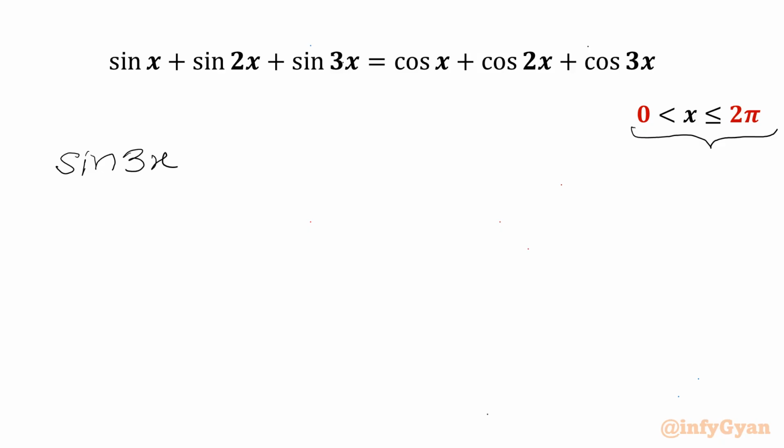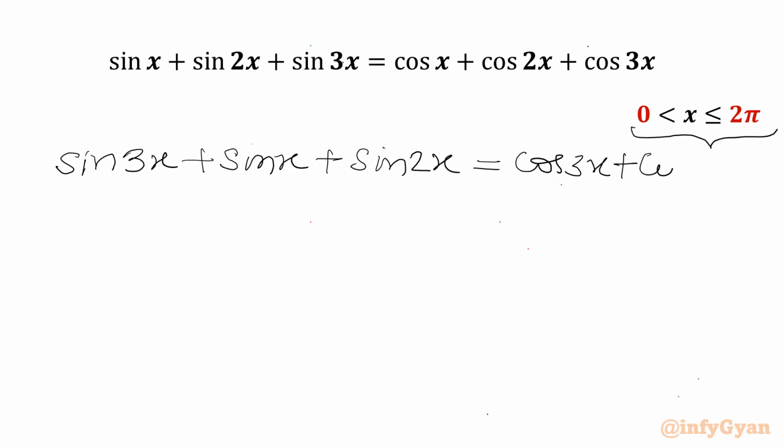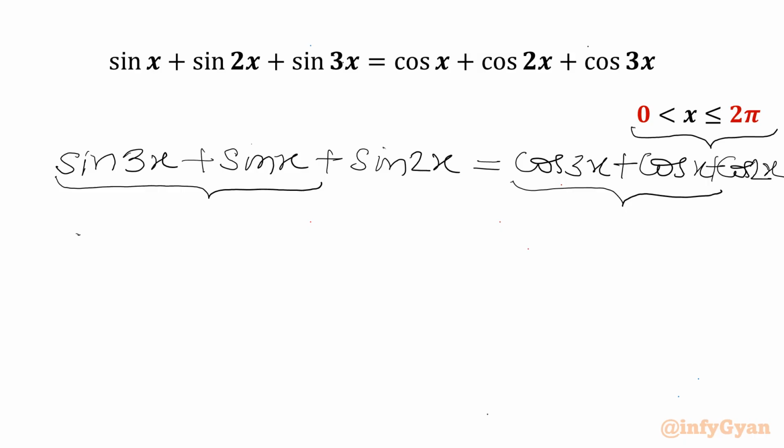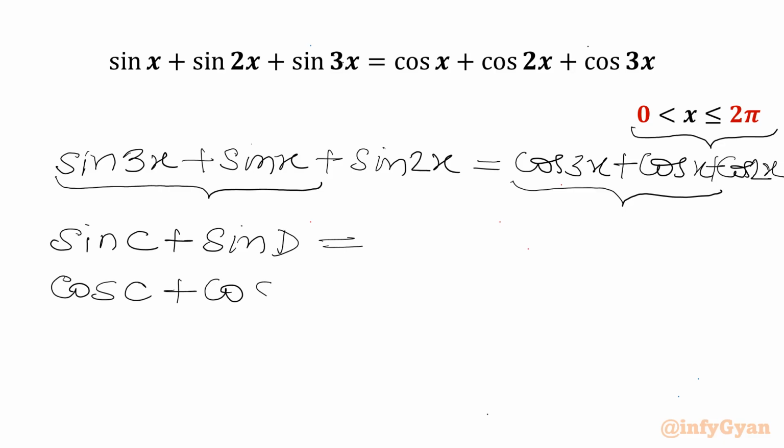Sin 3x plus sin x plus sin 2x. Similarly, RHS also cos 3x plus cos x plus cos 2x. Now I want to use the sin C plus sin D formula and the cos C plus cos D formula.